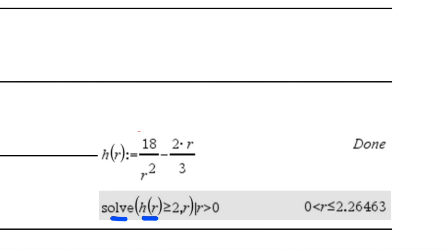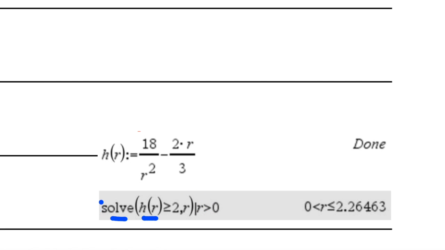h of r greater than or equal to 2 with respect to r, and we know that the radius can't be 0, because if the radius is 0, we have no volume. You can't have a yurt with a radius of 0, essentially. So it's not inclusive. It's not including 0.